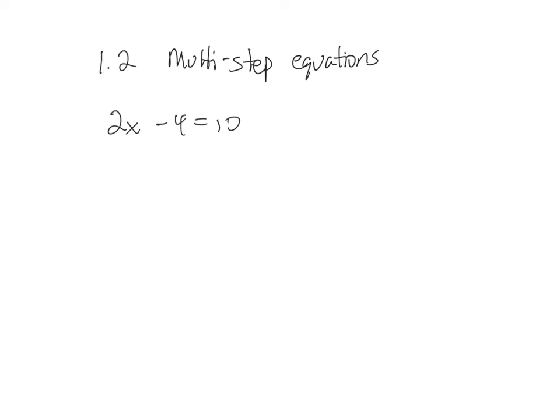I can't combine those. Do all adding and subtracting to both sides. So that's a minus 4. I can add 4. Then do all multiplying or dividing. I can divide by 2. Okay, straightforward. Nothing too wild or crazy.